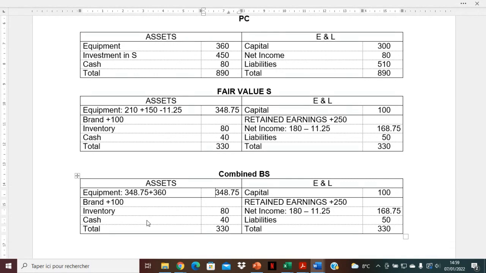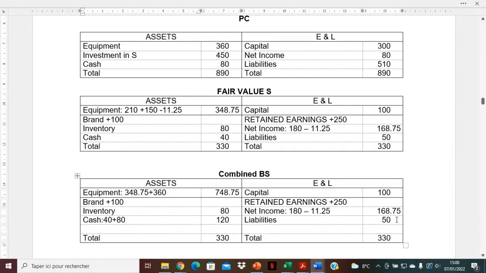Means we have total assets of 748.75. I have the brand name. Okay, I have inventory of the subsidiary. I have cash, 40 for the subsidiary plus 80 for the parent, 120 in total. And obviously also in here I have the investment in S out of the balance sheet of the parent company.